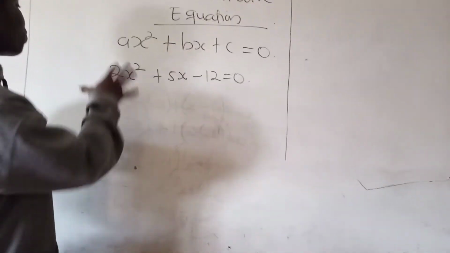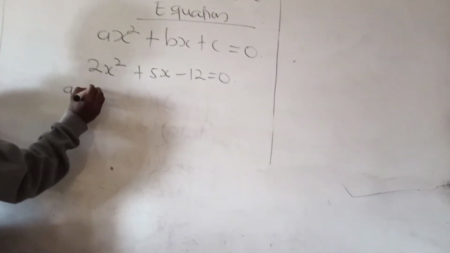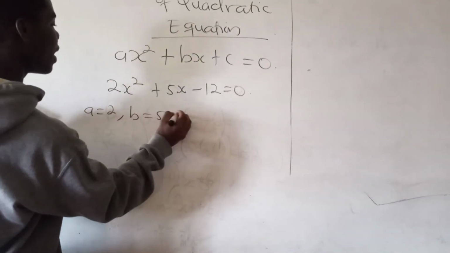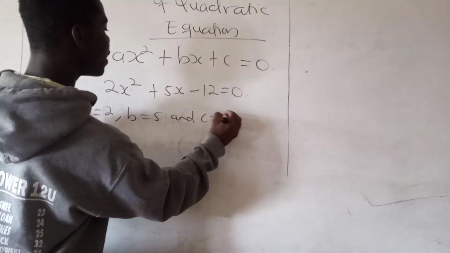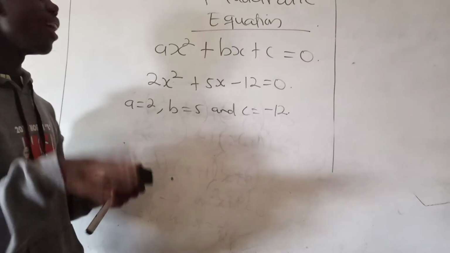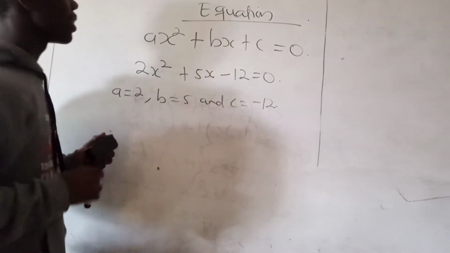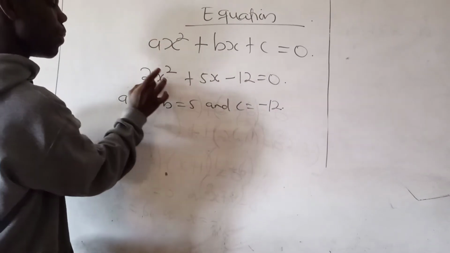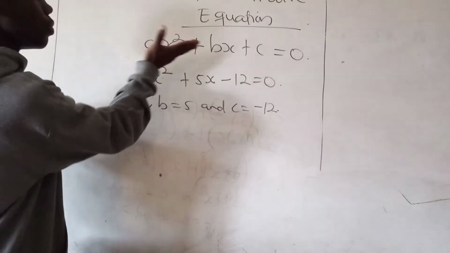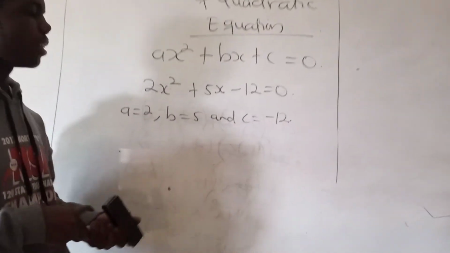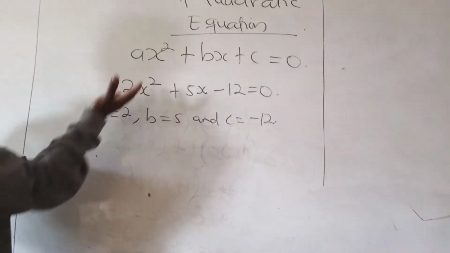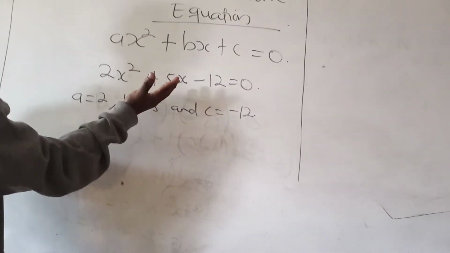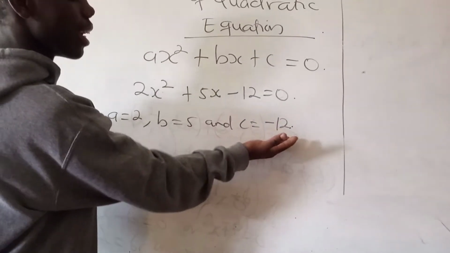So a is 2, b is 5, and c is negative 12. All these were gotten by comparing the equation to the general quadratic equation.